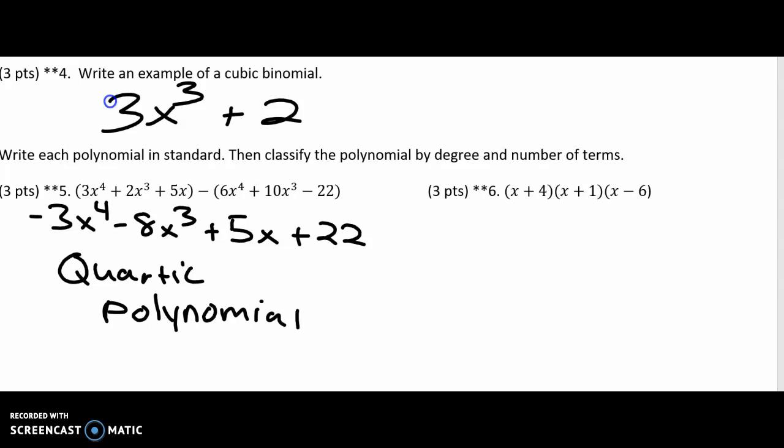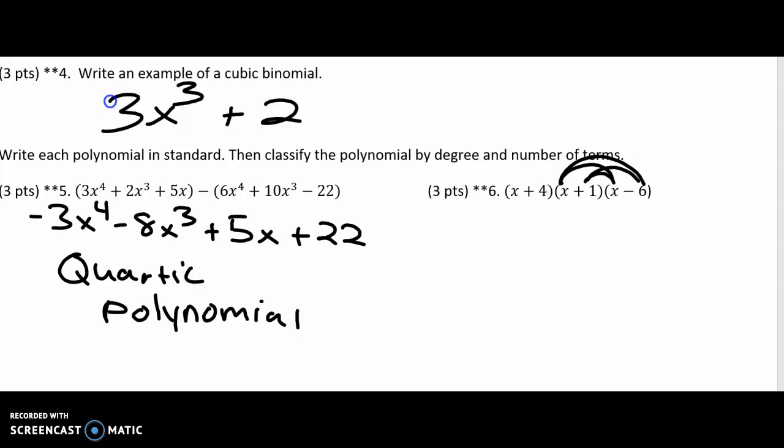And there are 4 terms, so we call that a polynomial. Okay, number 6, all right, is a double FOIL situation here. Okay, so I always recommend working with the back 2 first, then multiplying in the front one. So remember, FOIL would be first times first, the first times the outside, the inner 2, and then the outside of both of them.